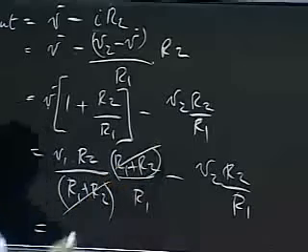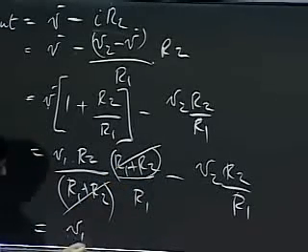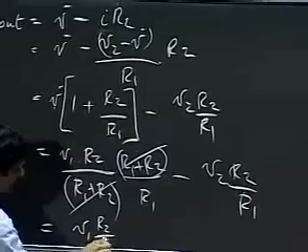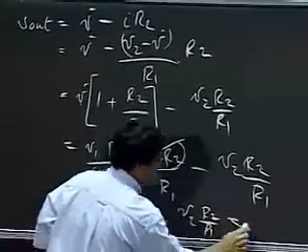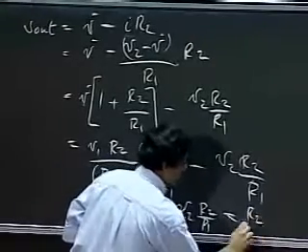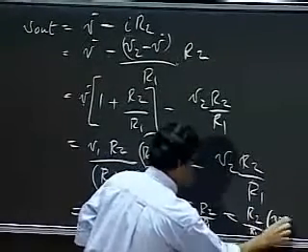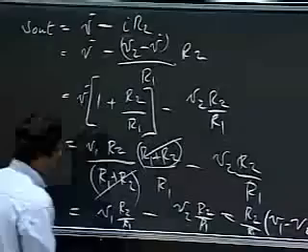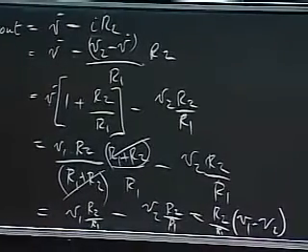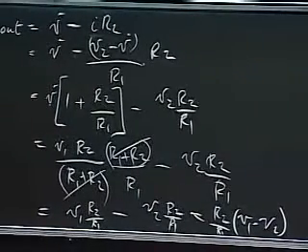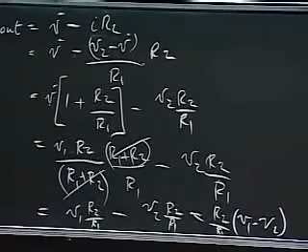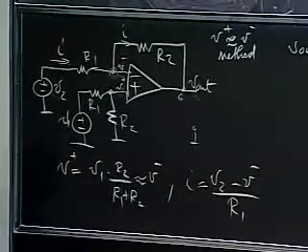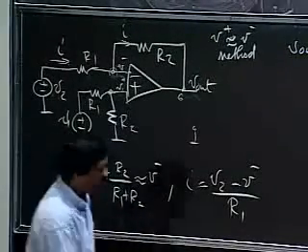I cancel these two out, and what I end up with is V1 R2 divided by R1 minus V2 R2 divided by R1, which is simply R2 divided by R1 times V1 minus V2. What's interesting here is that what I've ended up building is a very primitive subtractor. My output relates to V1 minus V2 multiplied by the constant factor given by R2 divided by R1.